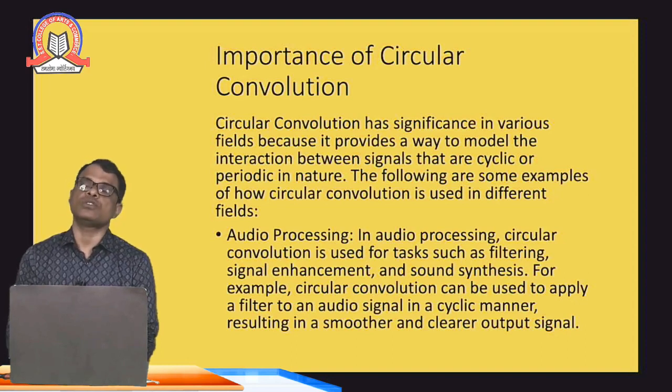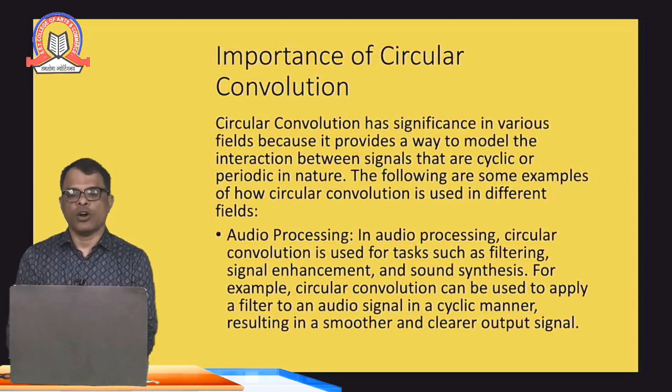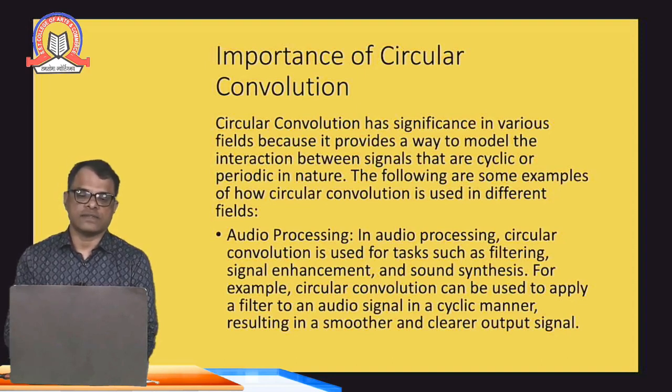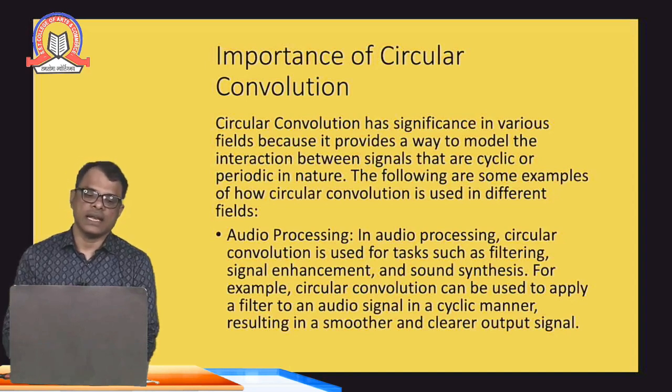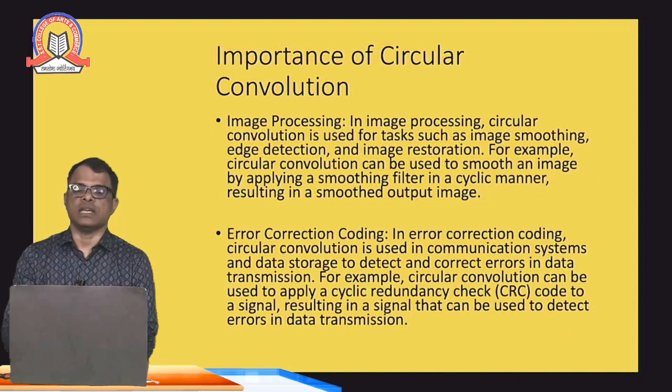The first one is audio processing. In audio processing, circular convolution is used for tasks such as filtering, signal enhancement, and sound synthesis. For example, circular convolution can be used to apply a filter to an audio signal in a cyclic manner, resulting in a smooth and clear output signal. The second one is image processing. This is our main focus.